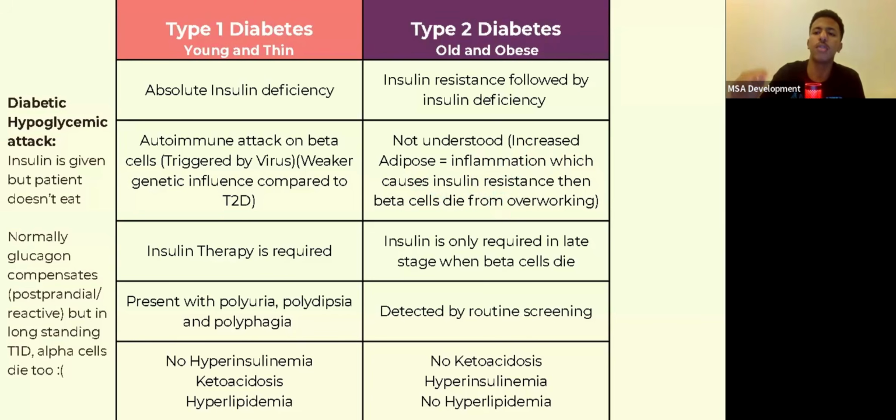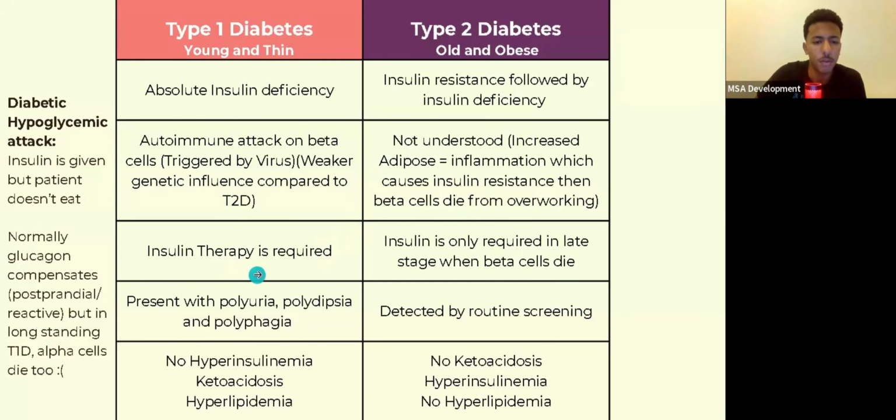And this is going to work for some time. They're going to produce more insulin, more insulin, more insulin, and then they're going to basically die or lose their function. Like they can't keep producing infinite insulin. So at some point, they're not going to work anymore, and this is where you start experiencing the symptoms. This is late stage type 2 diabetes, and this is where insulin deficiency happens.